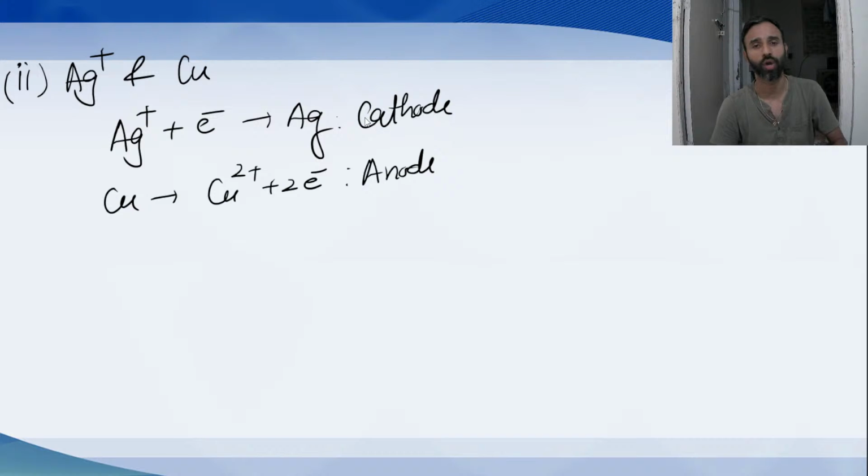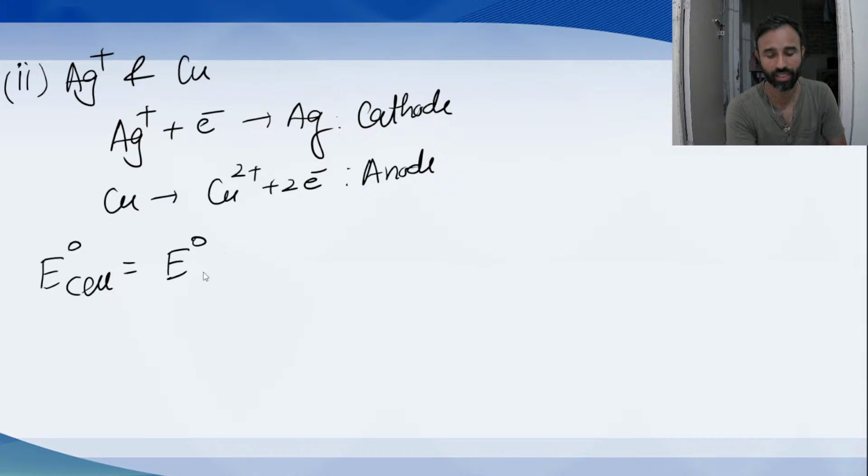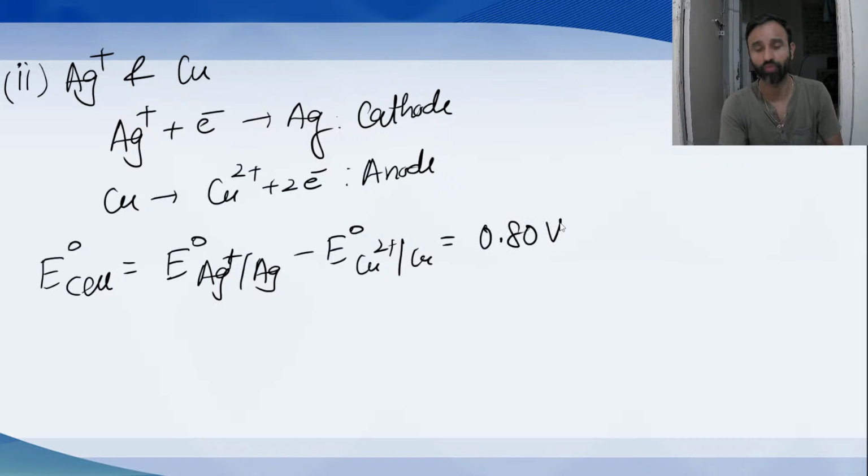E naught cell is E naught cathode minus E naught anode, so 0.80 volt for silver minus 0.34 volt for copper, that means 0.46 volt.